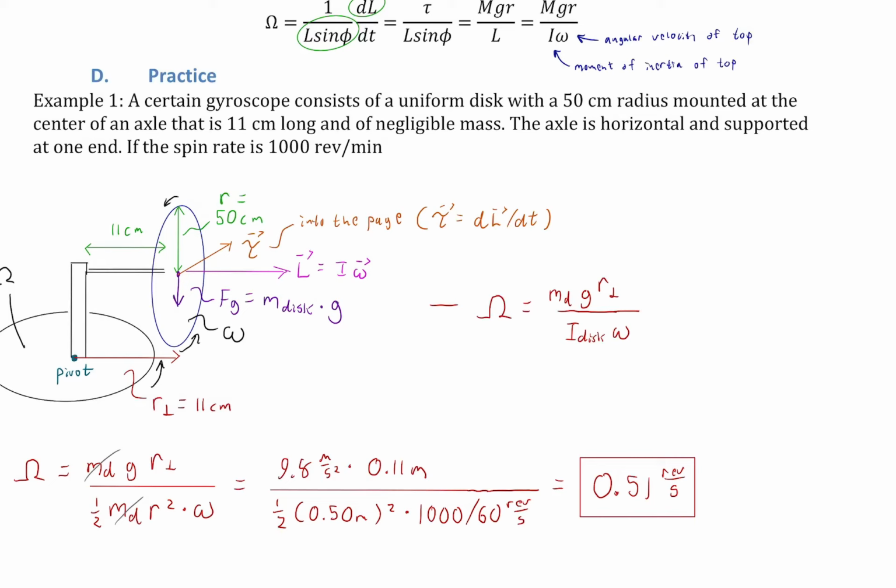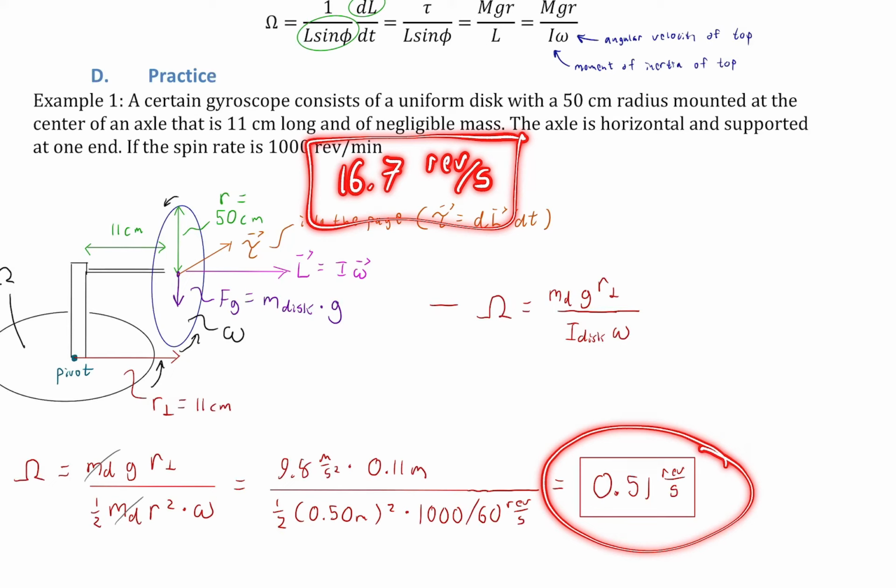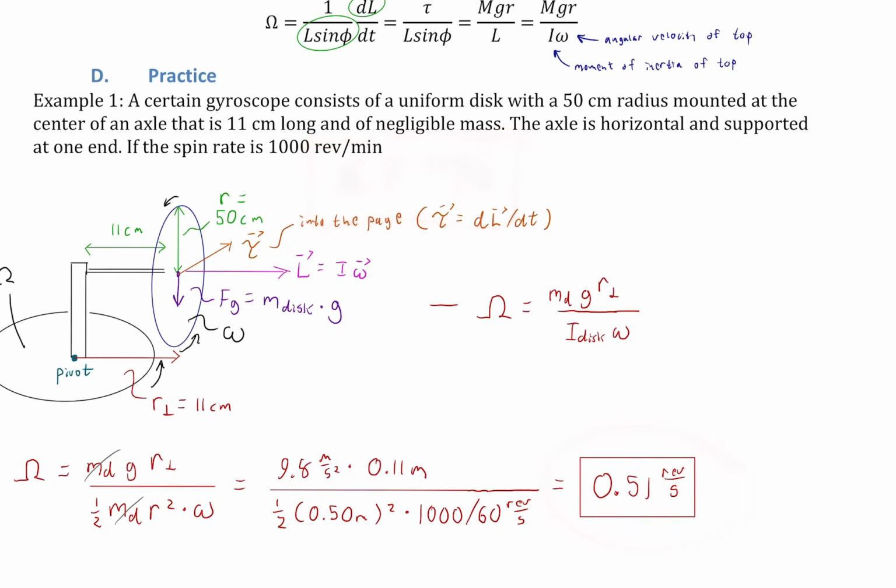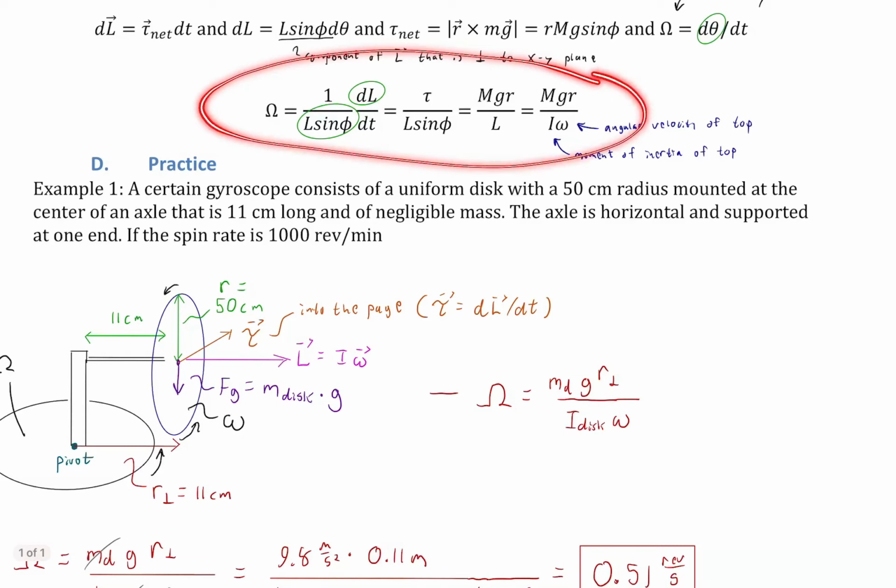In fact, it ends up being 16.7 revolutions per second for the rate of revolution. Precession is some 30 times smaller than that. So it's precessing much slower than it's revolving. And that is always the case because of that inverse relationship that shows up in the formula, okay?